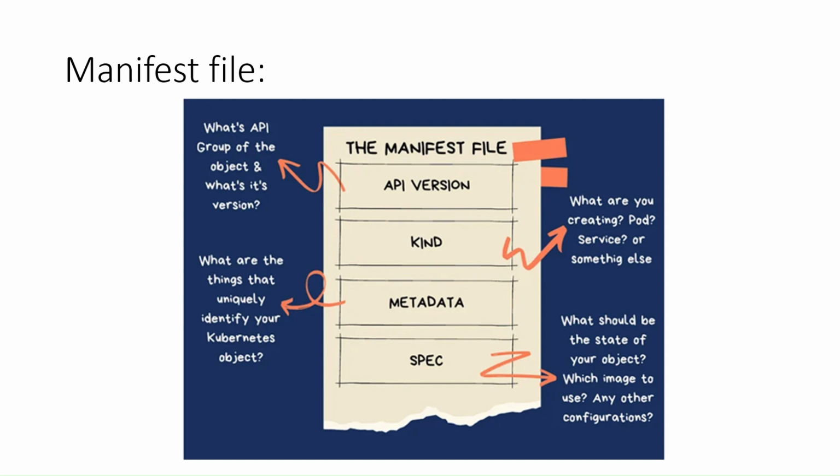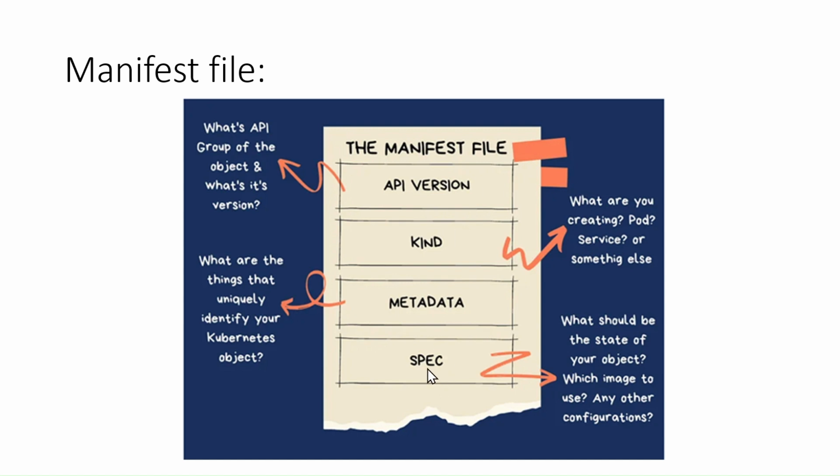We have three different kinds: one is pod, another is deployment, another is service. We are going to see those things. What kind of pod I am creating is what I mention here. The metadata is the details of my pod, and everything is mapped here.